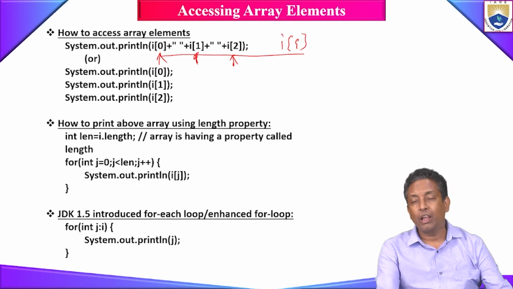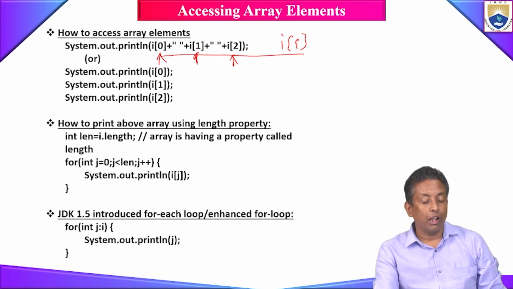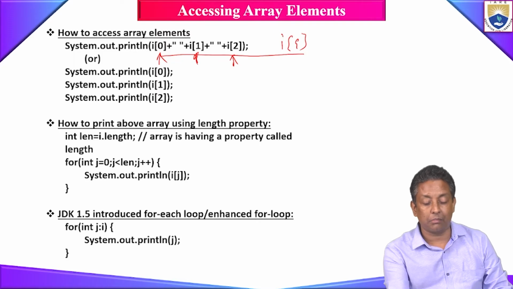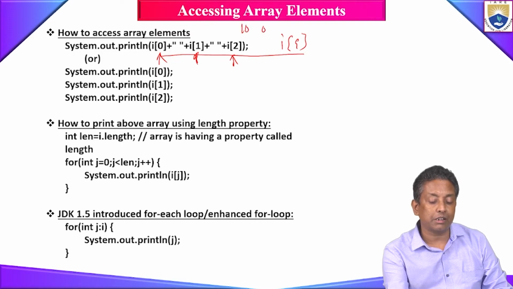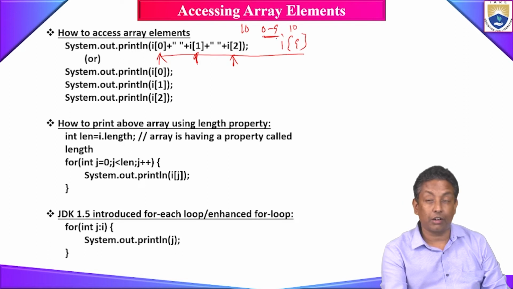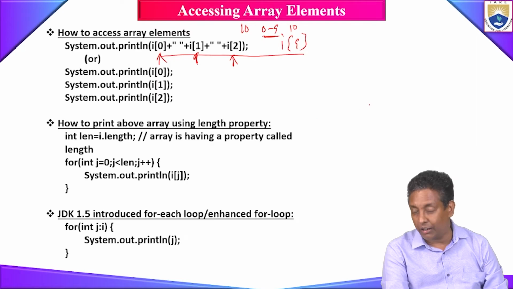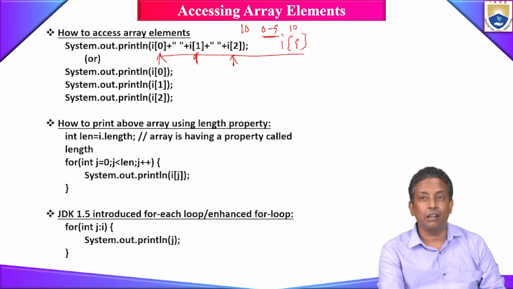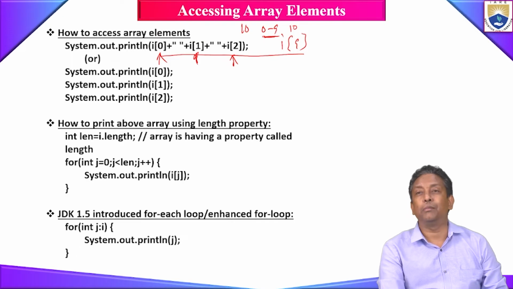But remember, in an array there is one problem. If you access an array index within its limits, for example, if the array size is 10, its index starts from 0 to 9. So you should access only array indexes 0 to 9, but not 10. If you try to access index number 10 of an array of size 10, that means you're trying to access the 11th element.